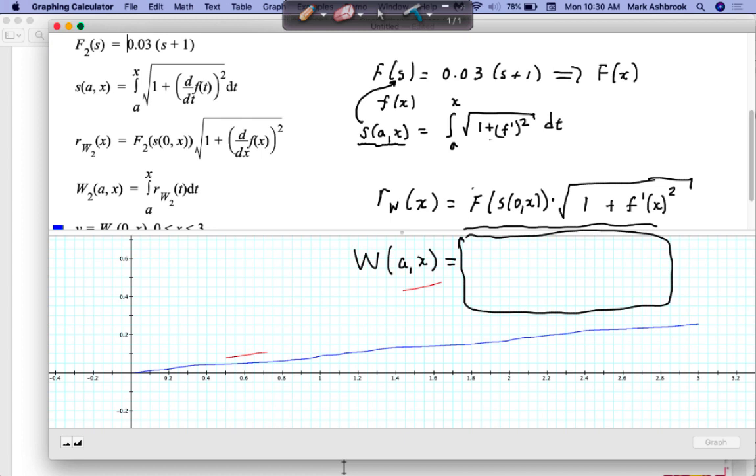So it's having to accumulate these little changes in arc length with s, and for every one of the changes in the work, according to the force, it has to do the whole arc length function every time.